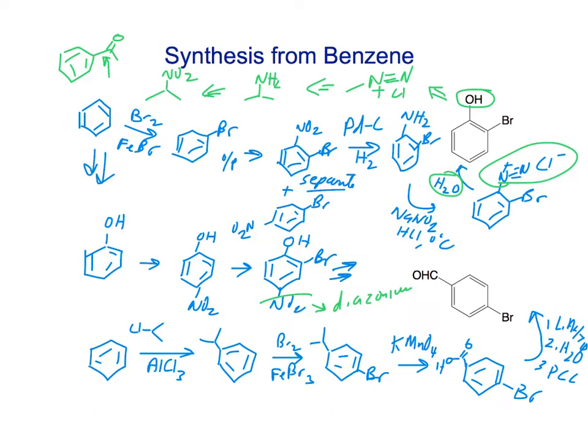Can you write the acyl chloride? No, there's not enough room. Okay, so I'm going to have to go backwards like this. Thionyl chloride would make the acid chloride like this.